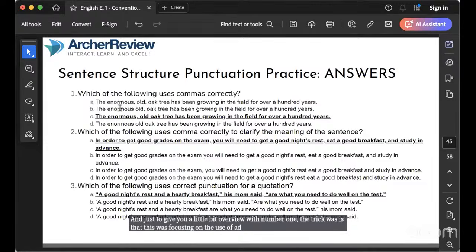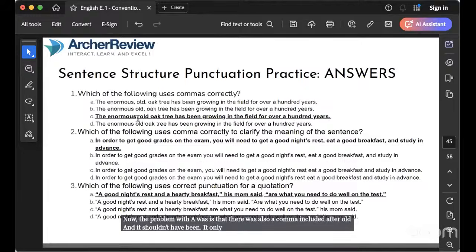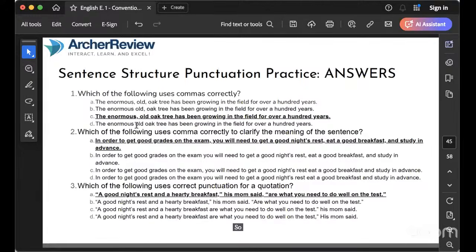The enormous old oak. Because enormous and old could be used interchangeably, we need to put a comma between enormous and old. Now, the problem with A is that there was also a comma included after old, and it shouldn't have been. It only needed to be included between enormous and old. So that's why A was not correct.